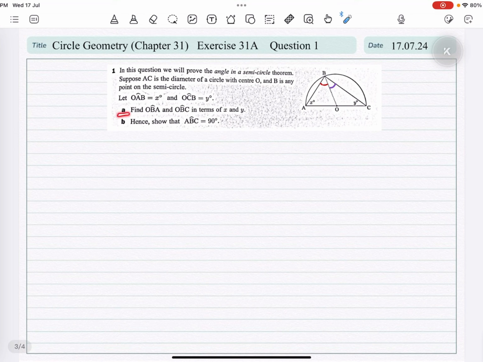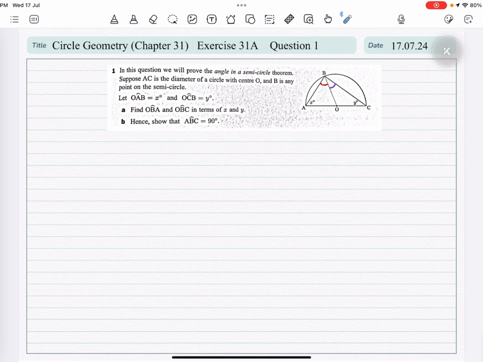Once we know that, we can start with the first question, which says that we have to find angle OBA, this angle, and angle OBC, this angle, in terms of x and y. If you look at OBA, you would probably have to consider this triangle to find this angle. You know only one angle of this triangle, so it wouldn't make sense to deduce it by looking at the angles, because we don't have much information.